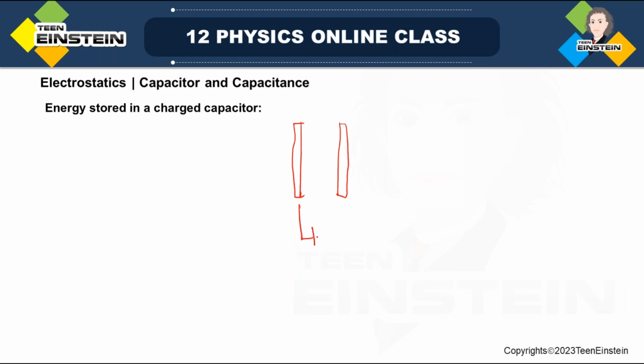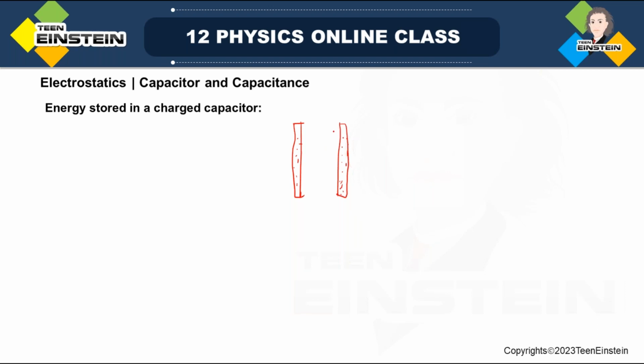Now if you connect a battery to charge this, some charge will be sitting here, and there will be excess of some positive charges. Once you apply a battery or circuit, some charges will be there on the conductors.